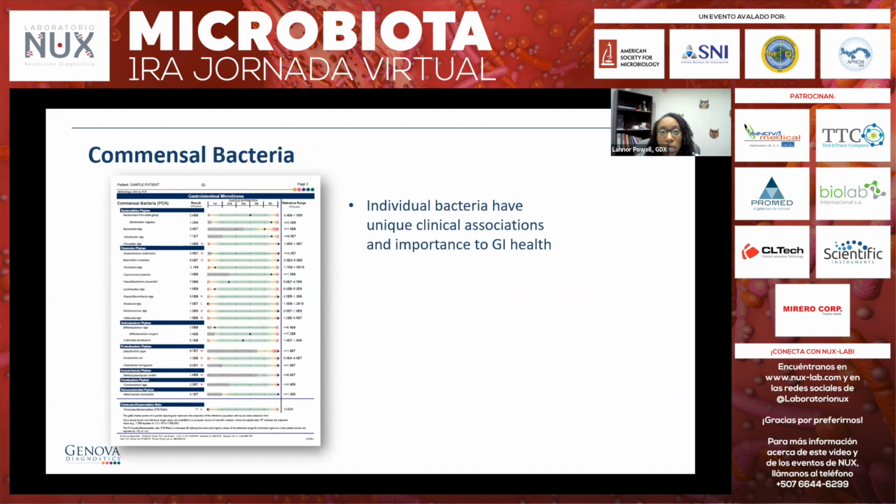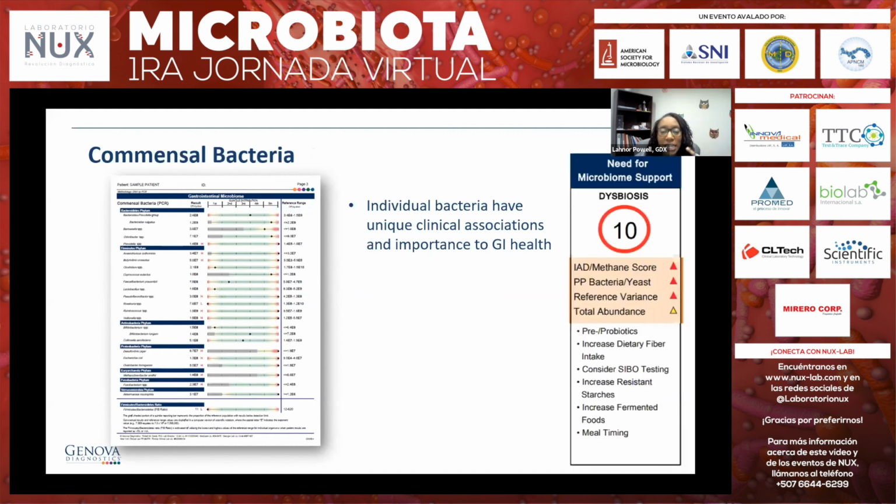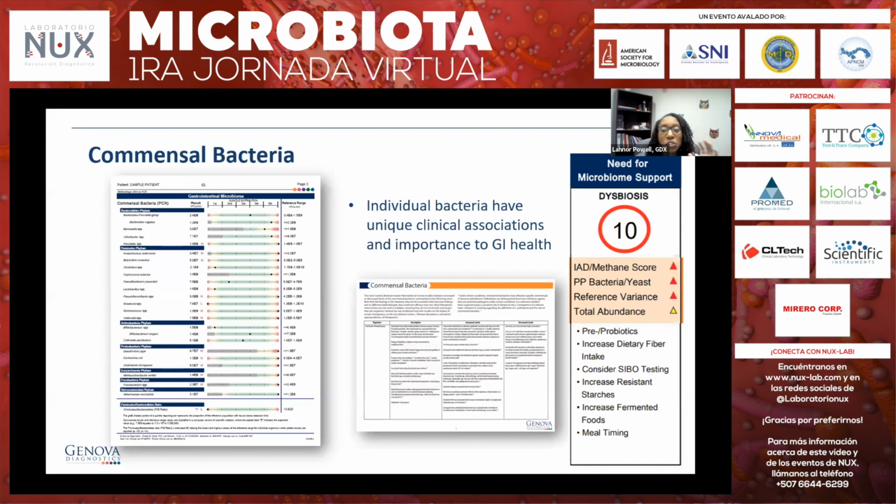But fortunately, because literature is ever evolving, we are now starting to gain a better appreciation for various bugs. And based on what we know as a lab and in literature, we do have this commensal bacteria chart for you. And so you'll find the results of these abundance and variance under the dysbiosis pillar on the front page of the report.